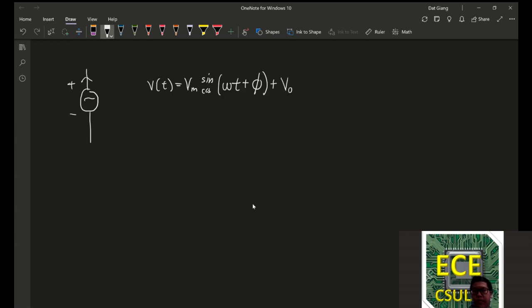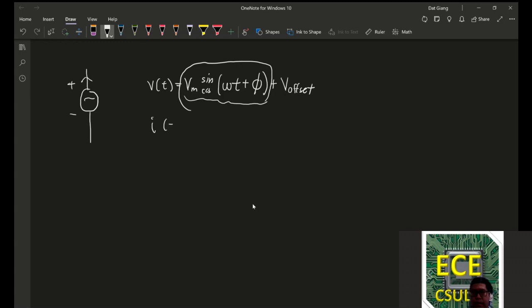I'm going to call this V offset. This term tends to be ignored simply because it makes the mathematics a little more convoluted. If we understand how to look at this signal as one way, then adding an offset is easier if we understand the base first. So we're going to focus on this topic.